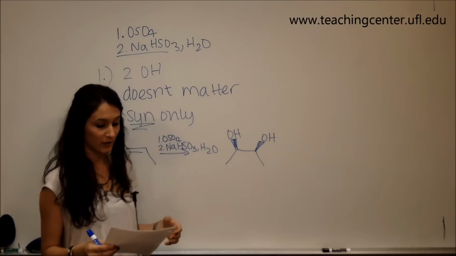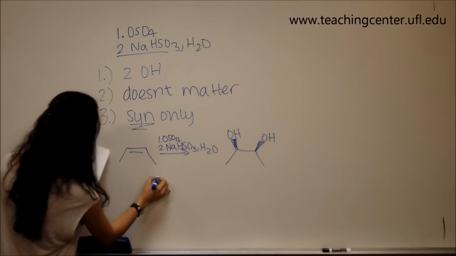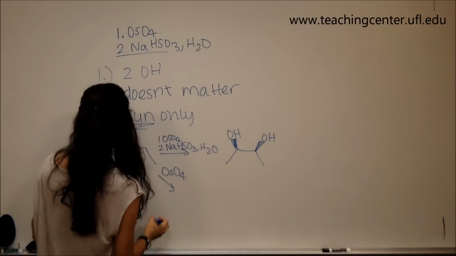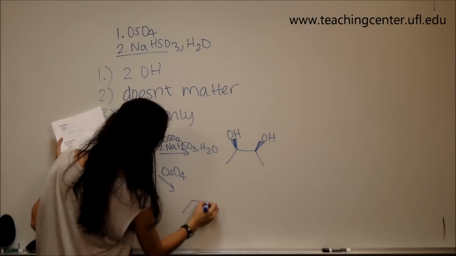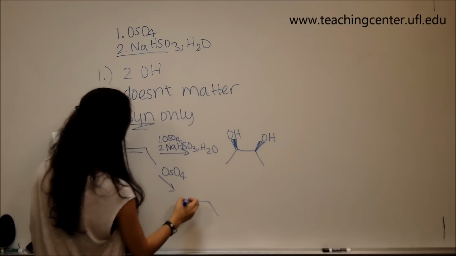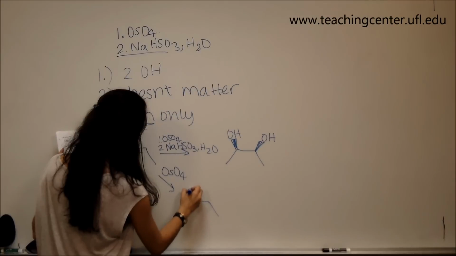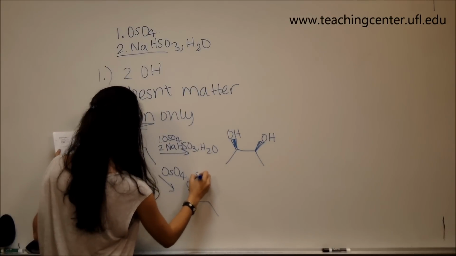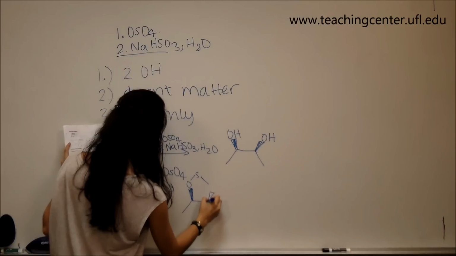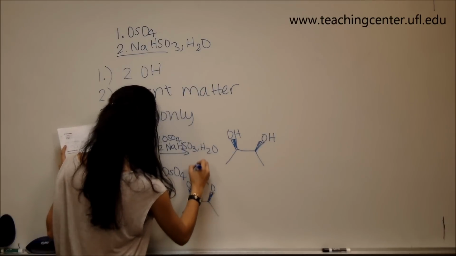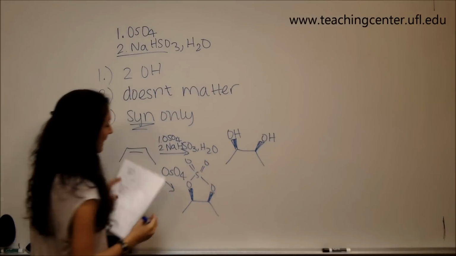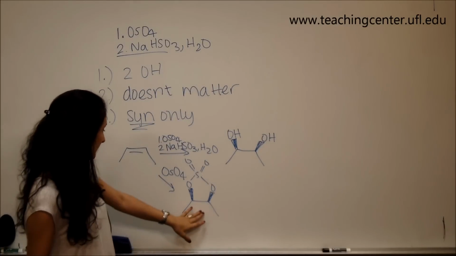So this goes through a concerted mechanism. Basically, let me go ahead and show you what happens, at least in the first step. So OsO4 looks like this. After the first step is done, this is what you end up getting.